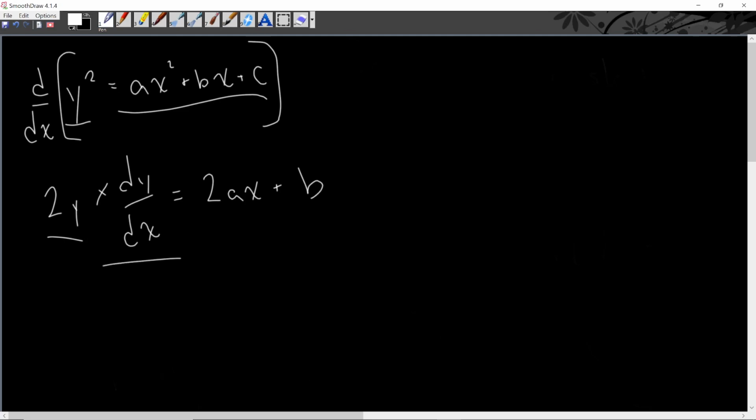So 2y, it's going to be d/dx of 2y. So 2, it's just going to be 2 times d/dx. Well, actually, no, getting a little bit ahead. Let's think. It's going to be kind of a weird looking thing.